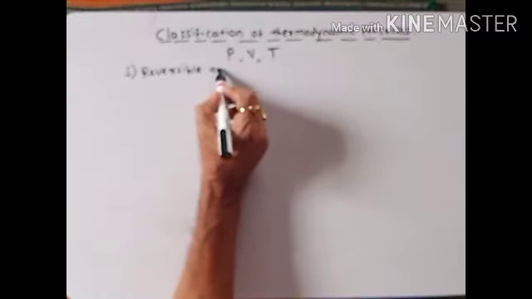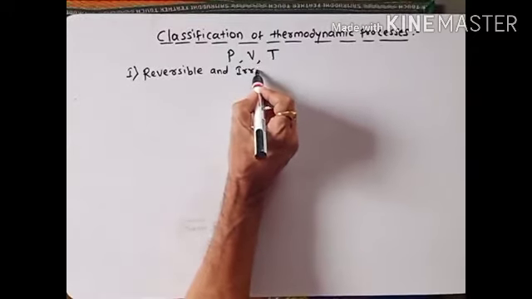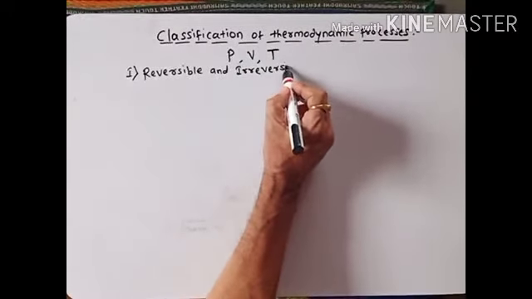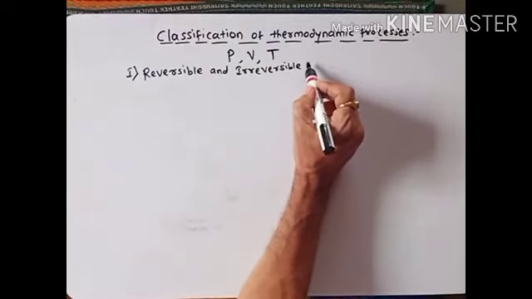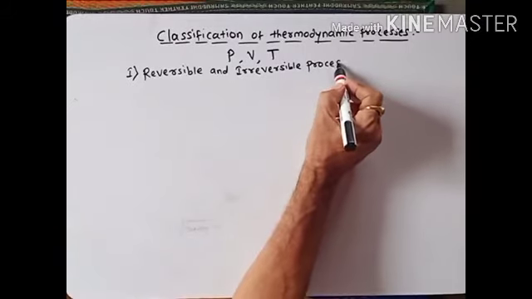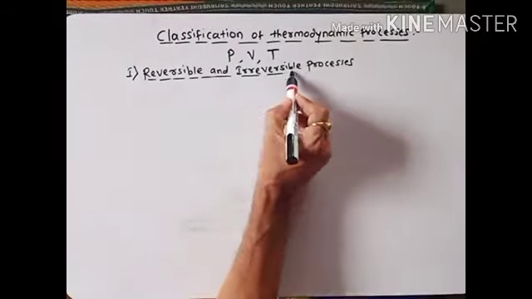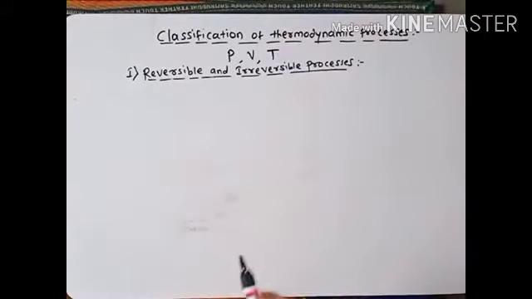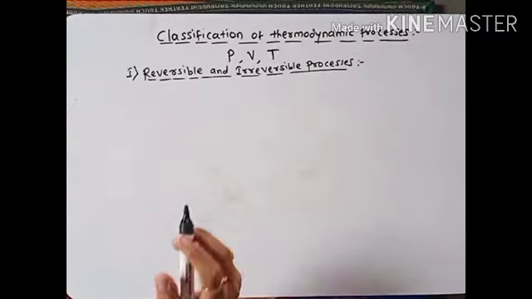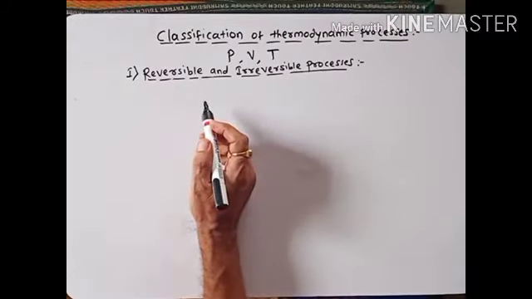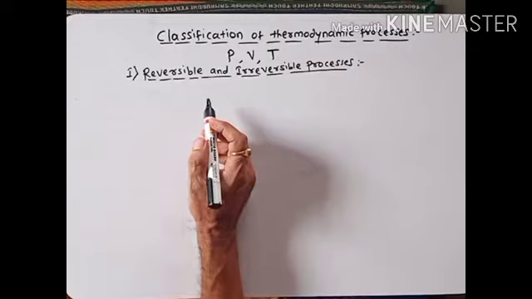and irreversible processes. This is the first type, reversible and irreversible process. Now here first we will see what is meant by irreversible process.